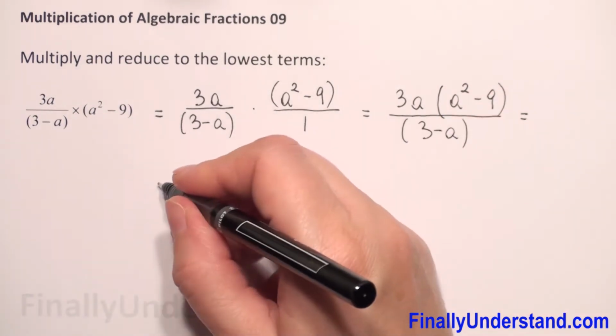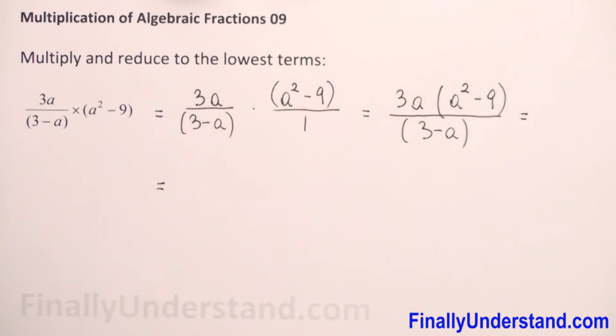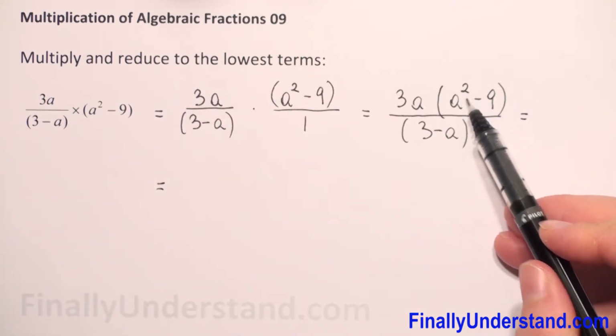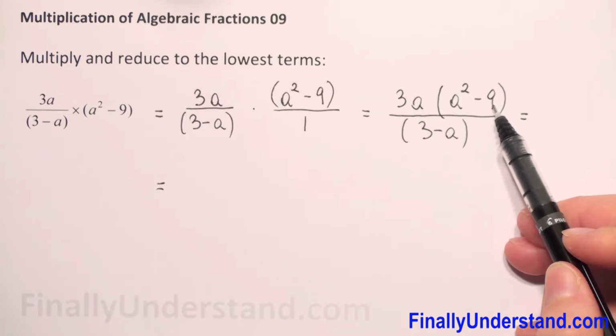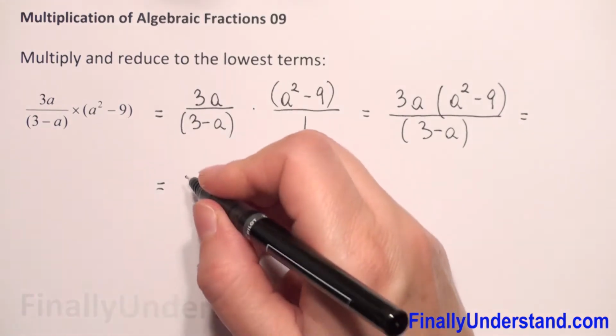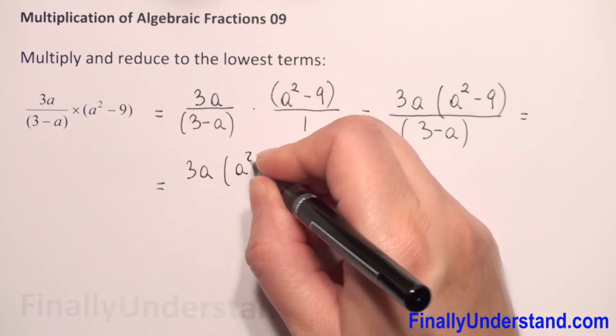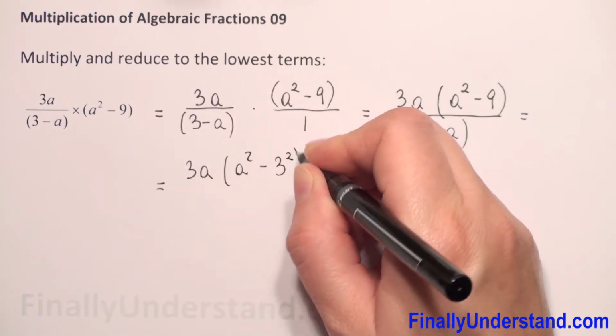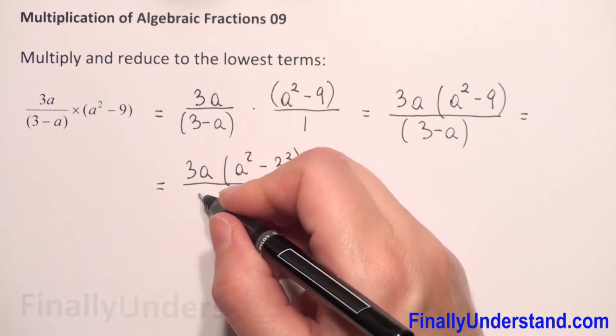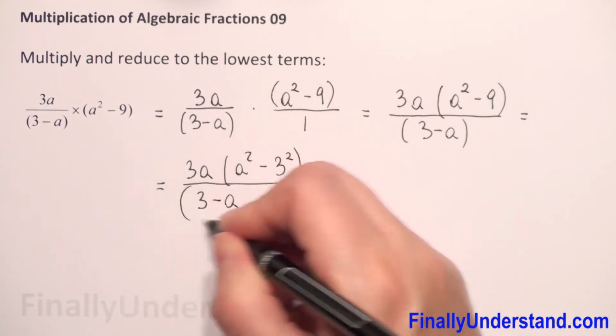This is equal. Next step, we see that we have here a squared, and now we can rewrite that this is 3 to second power. So let me copy the beginning, 3a, and we have a squared minus 3 squared over 3 minus a.